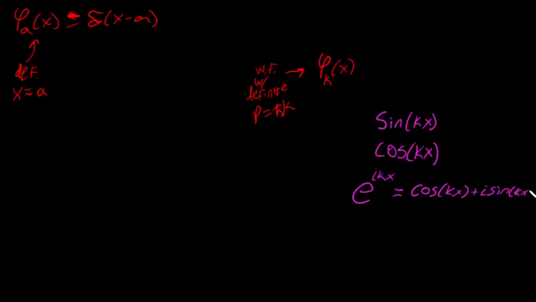And this is the function that we're going to use to represent a function with a definite wave number. So this equals e to the i kx. And there's actually a really nice reason why we are using this as opposed to the sines and the cosines.